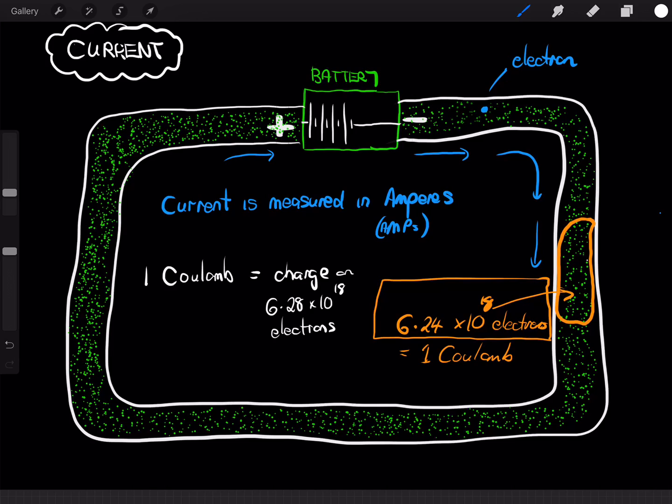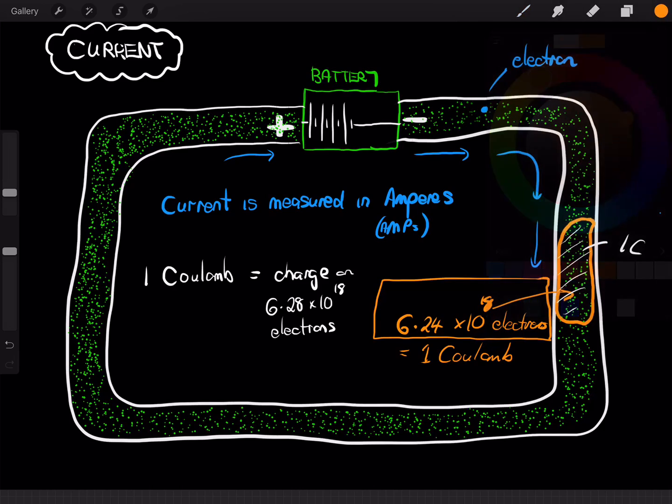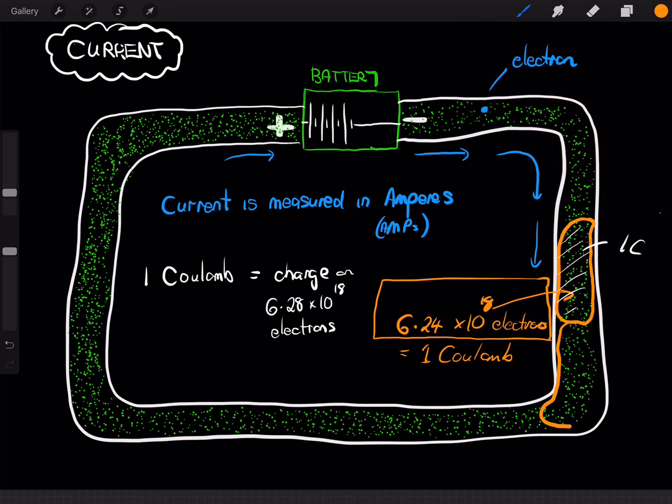So, if we imagine that whole group of electrons there being 1 coulomb, and we can imagine hopefully that there's another group of electrons here, there's another coulomb of electrons, and there's another coulomb of electrons, and another one, and so on. So we've got these large quantities of electrons flowing around the circuit.